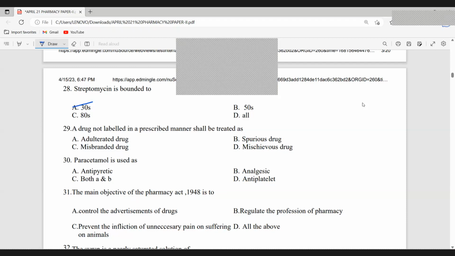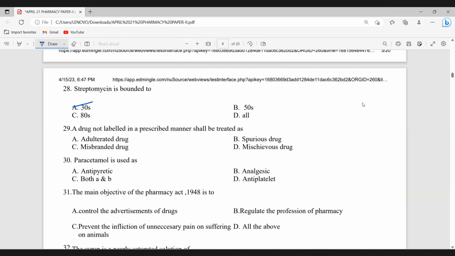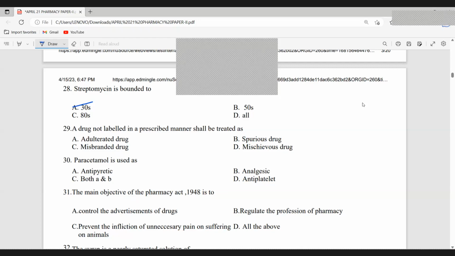This streptomycin binds to 16S rRNA of 30S ribosomal subunit irreversibly, and it will interfere with binding of formyl methionine tRNA to 30S subunit.